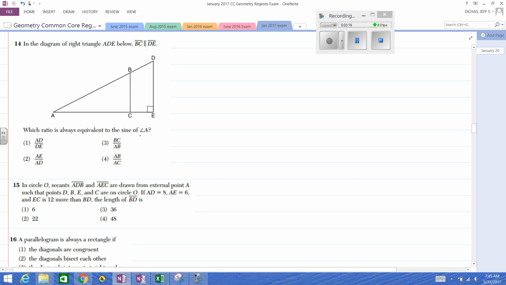All right, sine of angle A. So if we look at our acronym here, sine is going to define the ratio of the opposite side to the hypotenuse. So if this is our acute angle right here, A, these are the sides opposite, and these are the hypotenuse right here.